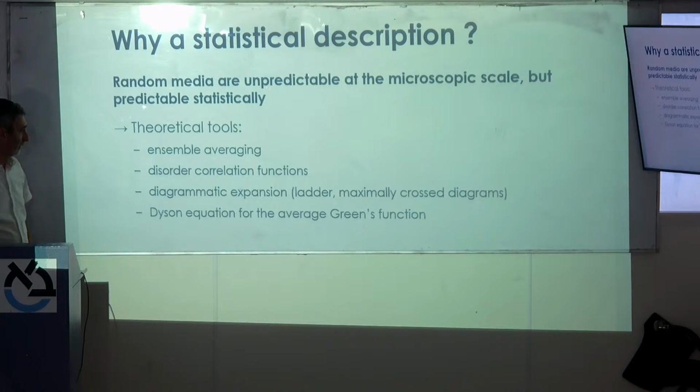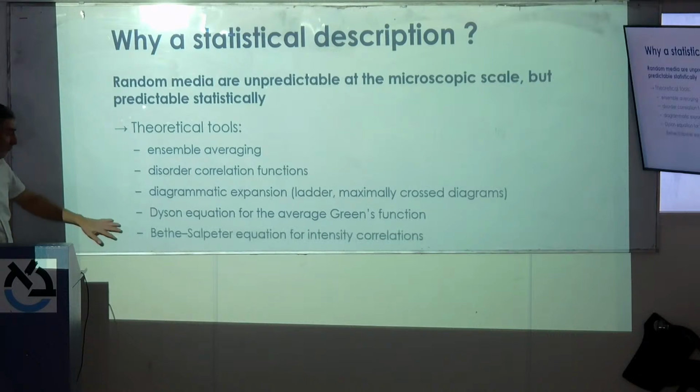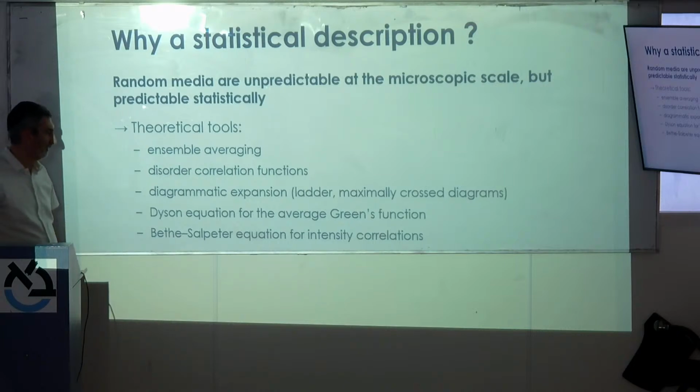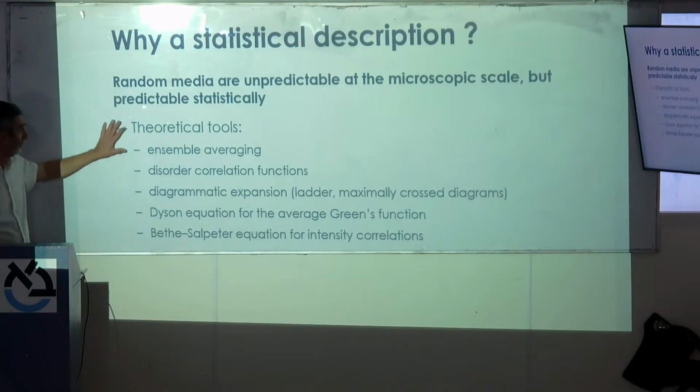I will introduce the Dyson equation, which is an equation on the average Green function. It is impossible to get the Green function directly. And I will say a few words about the Bethe-Salpeter equation, which is for intensity correlation. All those quantities are the theoretical tools that we can use to describe multiple scattering.